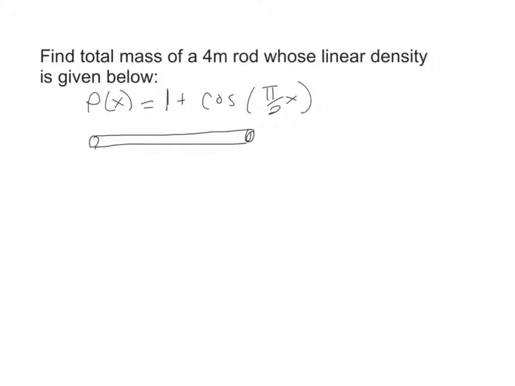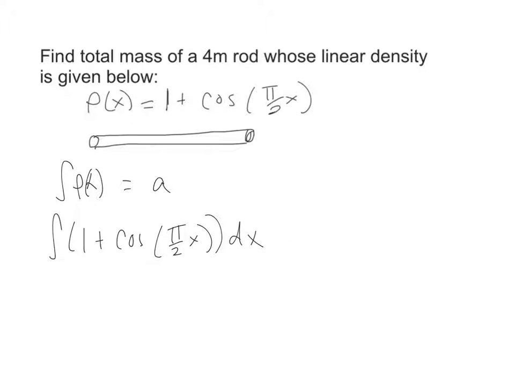So as before, we know that the integral of rho of x equals the amount. So if I can integrate this linear density, I will get the amount, because I'm taking away how it's changing. So the integral of 1 plus cosine of pi over 2 x dx.